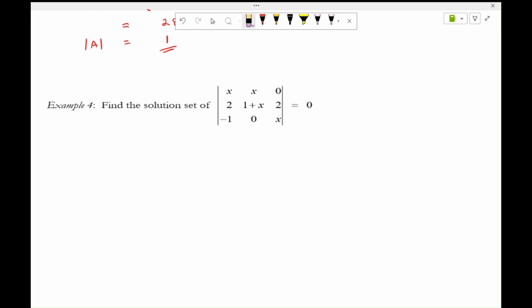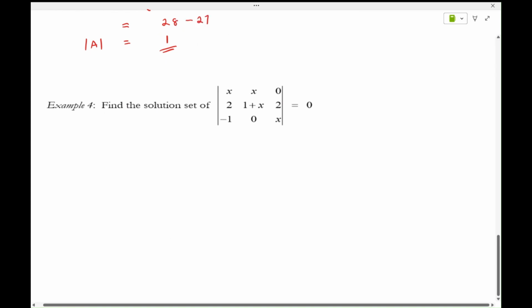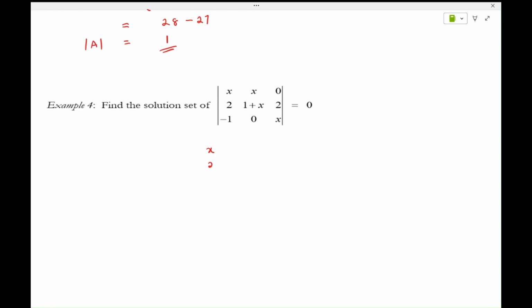So we should find the value of what? The solution set. So how do we get the solution set here? We just need to apply the same. We will write, we'll copy this: x, 2, minus 1, x, 1, plus x, 0, 0, 2, x.